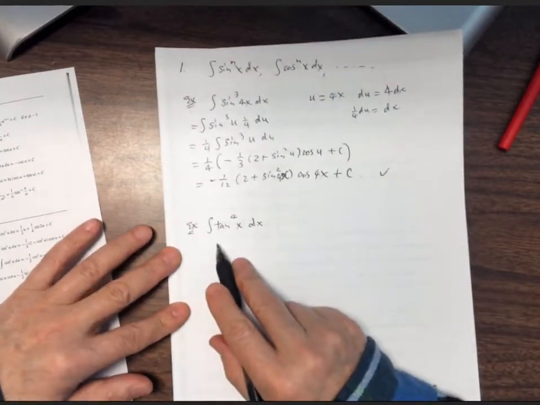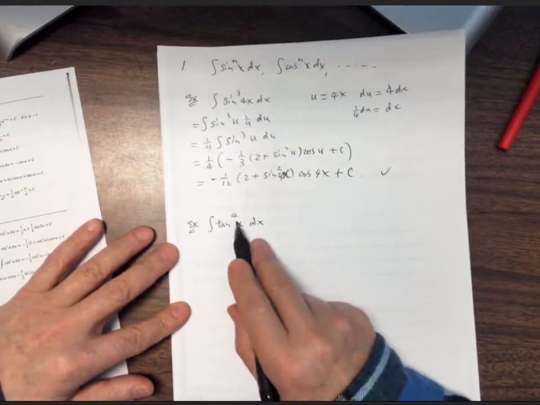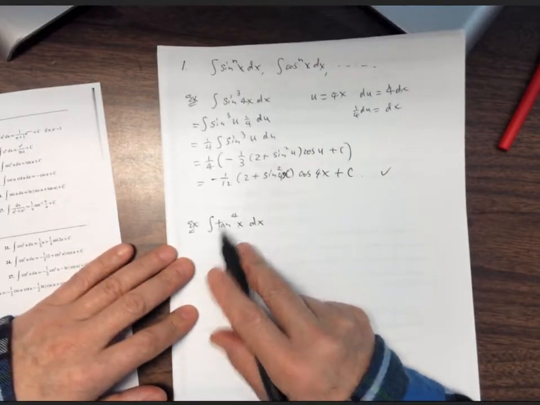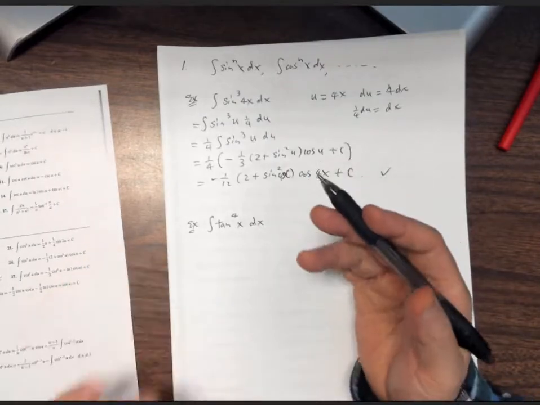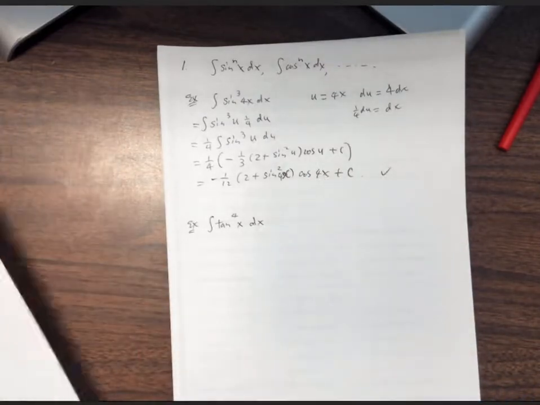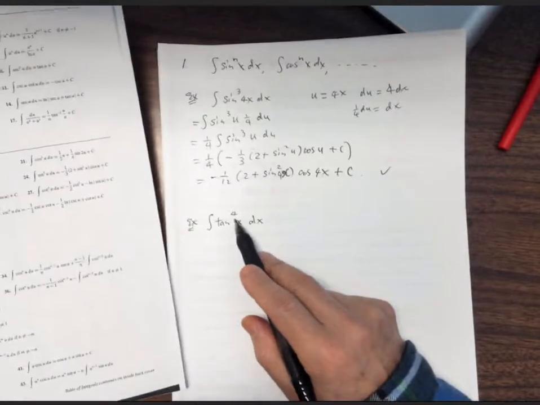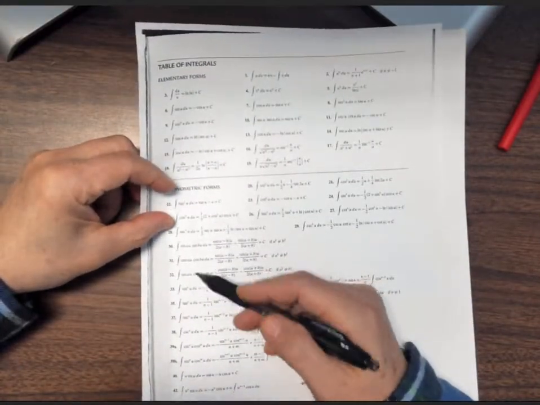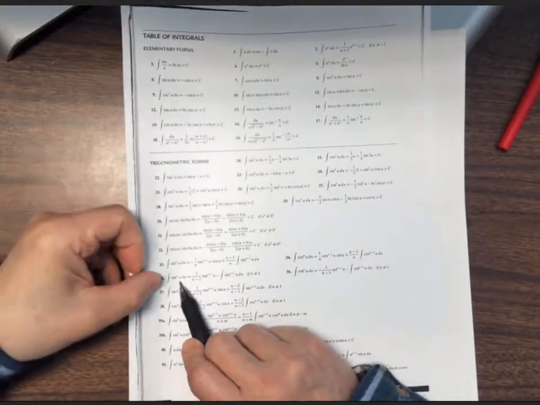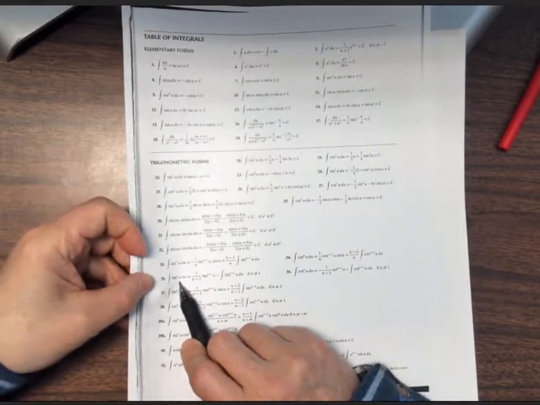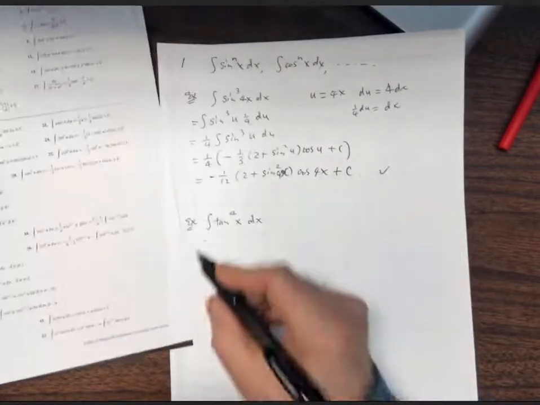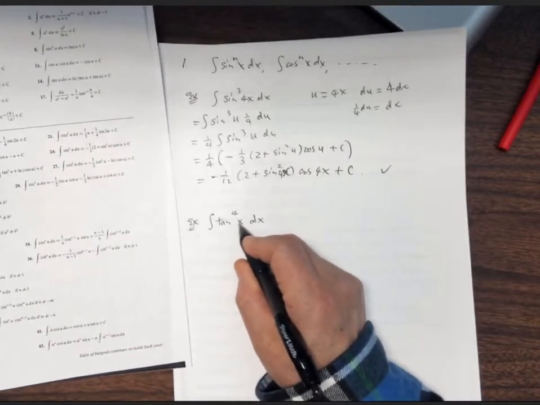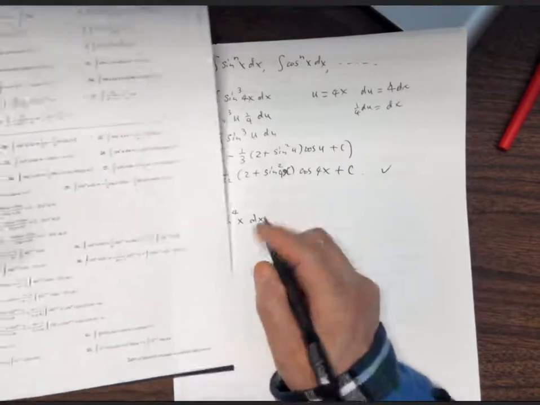Let's see another single power. This time the power is more than 3. So we're still going to use a formula, but we're going to use a reduction formula. Power of tangent. Okay, go by the list. It's 35. We don't need to do any substitution here because this is a plain variable by itself.